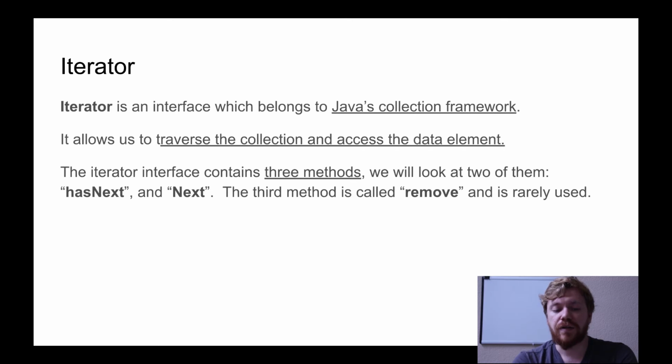The iterator is an interface that belongs to Java's collection framework, and it allows us to travel the collection and access each of its data elements. It does this by supplying three methods, and we're going to look at two of them, the hasNext and the next method. Now the third method is called remove, and it's not really used, and so we're not really going to go over it.